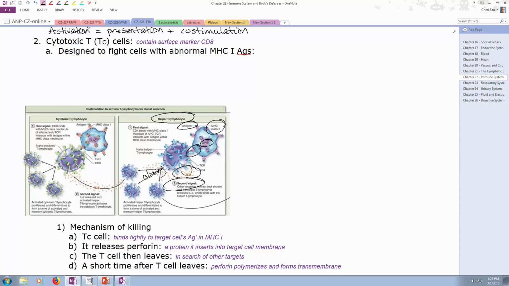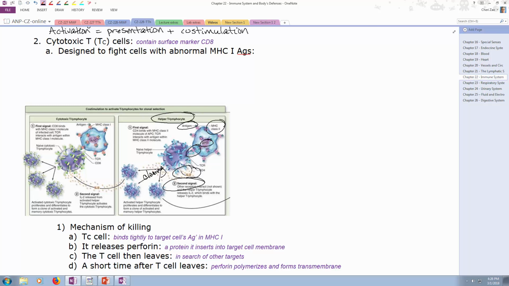So do you see, this is kind of the master controller of the process of making clones of cells that are going to be able to recognize a very specific antigenic determinant. These cells are only designed to respond to a specific antigen or antigenic determinant.